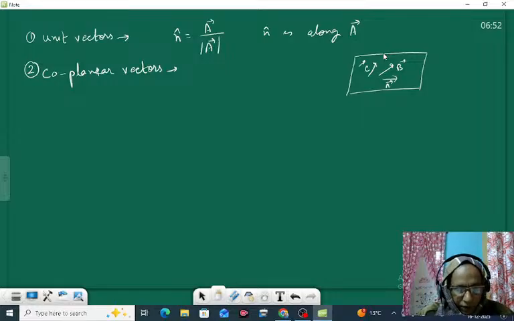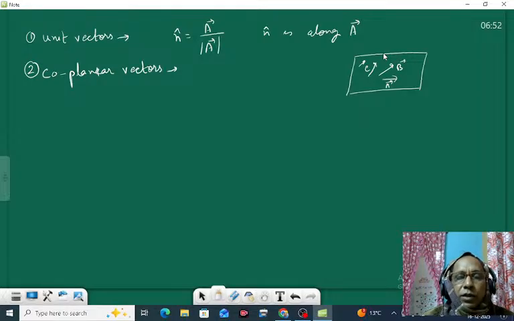So these are the important types of vectors we should know, and we learned the main themes of vector addition and vector subtraction, different types of vectors, right? And now in the next session we will learn the position and displacement vector. This is coplanar vectors and this is unit vectors.